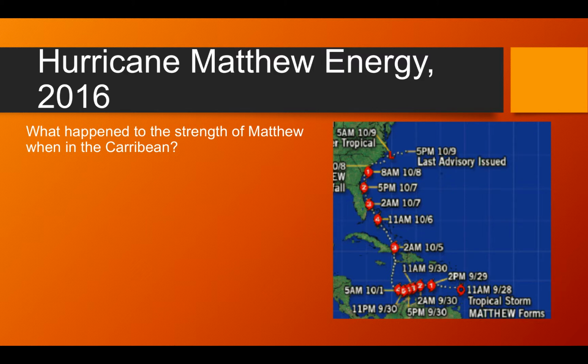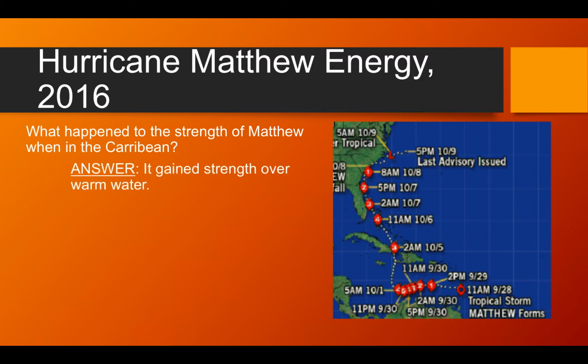And on September 30th, it was a Category 5 storm, still over water in the Caribbean, picking up lots of energy. And then on October 1st, it began to decrease a little bit to a Category 4 and move towards the north. It kept its Category 4 strength all the way until it reached close to Florida, where it decreased to a Category 3.